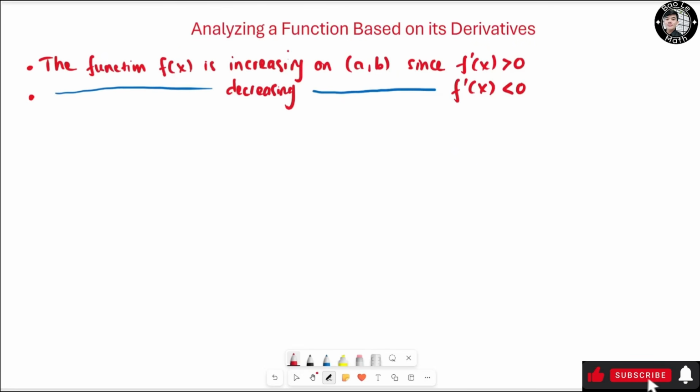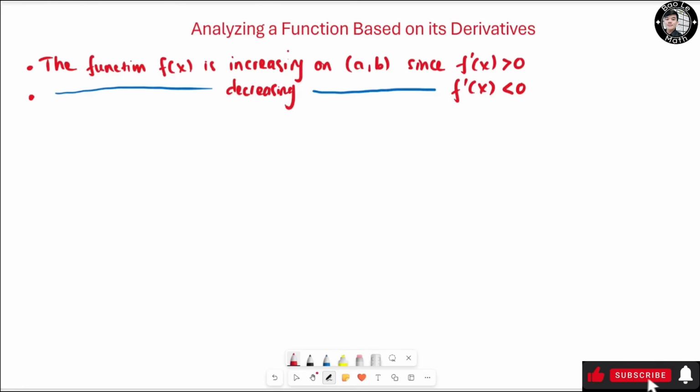Similarly, in order to determine the relative minimum, maximum, or point of inflection, you need to say that the function f of s has a relative minimum at a point s equals a because f prime of s changes sign from negative to positive when s equals a.